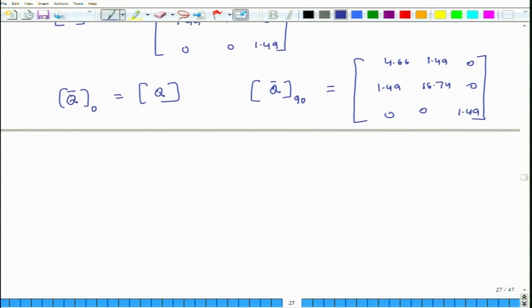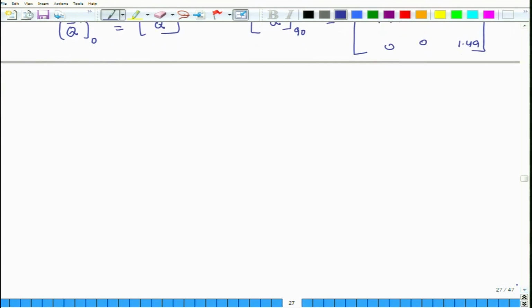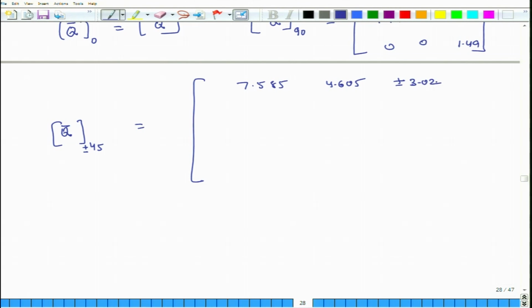And for 45 degrees, we actually use the relations which we have explained in the class. So, Q bar for 45 degrees works out as, and this is for both plus and minus: 7.585, 4.605 and plus minus 3.02.